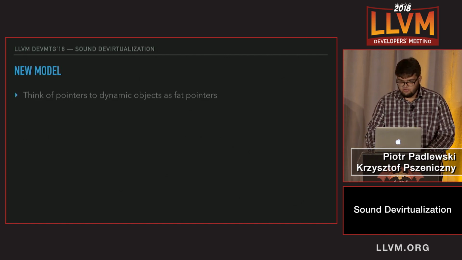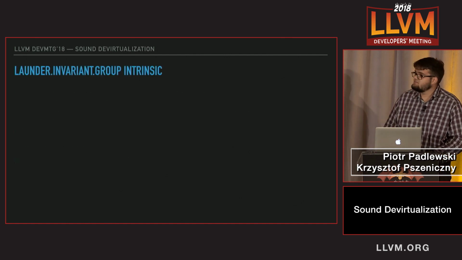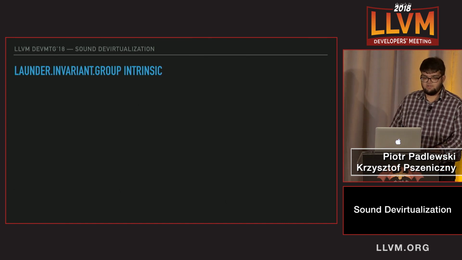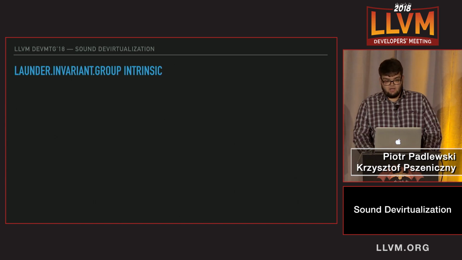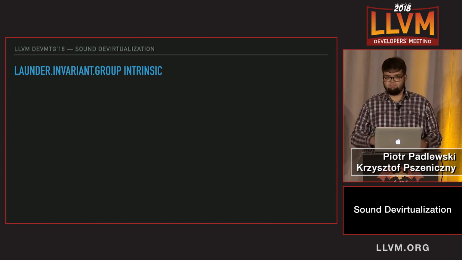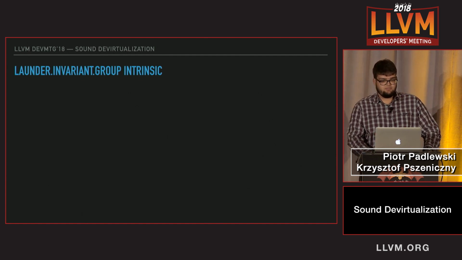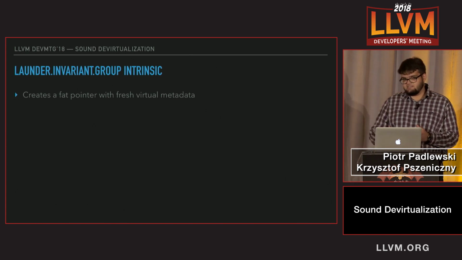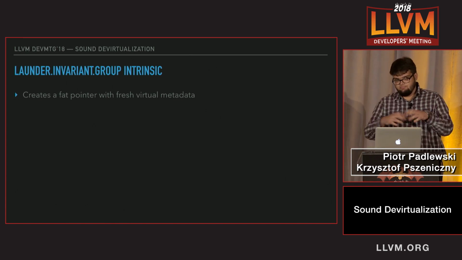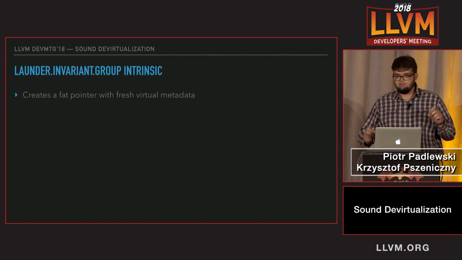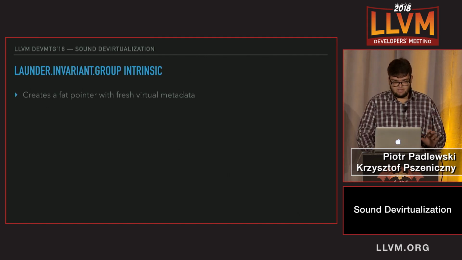So at first we considered using an additional address space and using address space casts to perform this magic, but then we realized that it's not necessary. We use plain pointers in LLVM IR, but we introduced two intrinsics. The first one is called launder invariant group. It gets a pointer and returns the same fat pointer with the same underlying pointer, but with fresh virtual metadata.